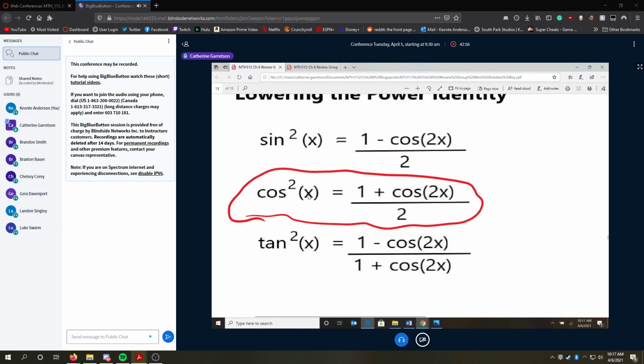Is our answer going to double the angle, or is it going to divide your angle in 2? Well, it's 6x here. When it's over here, it says it's going to be double what it currently is. So it's going to be 2 times 6x, which is 12x. So our answer should be 1 plus the cosine of 12x divided by 2.